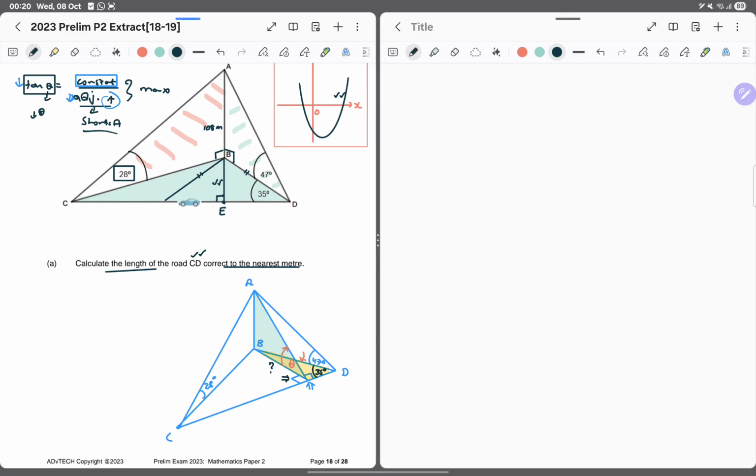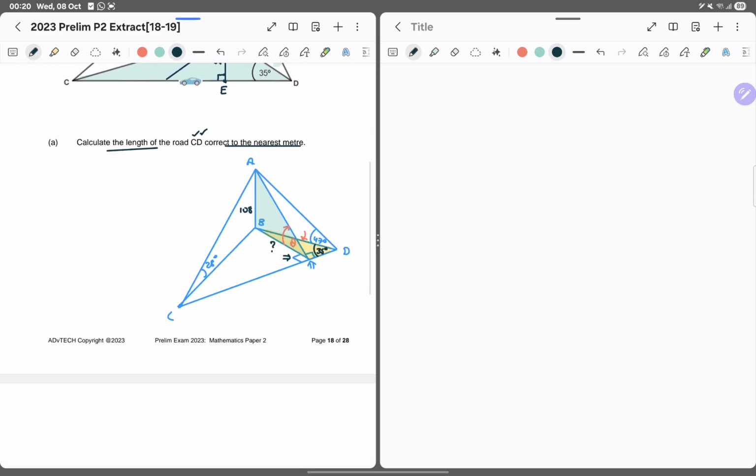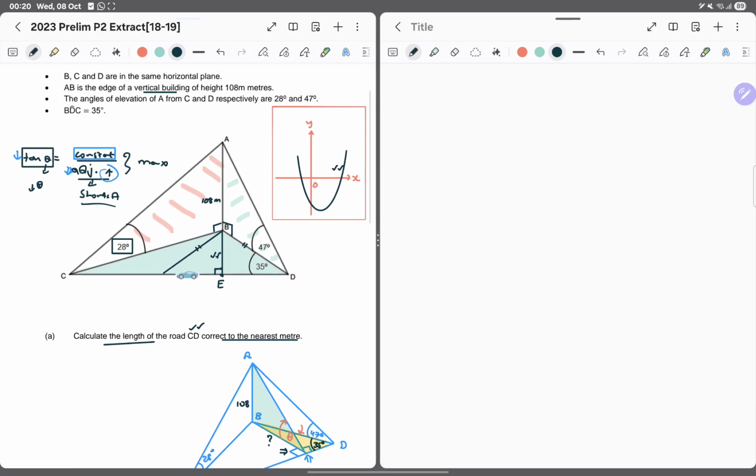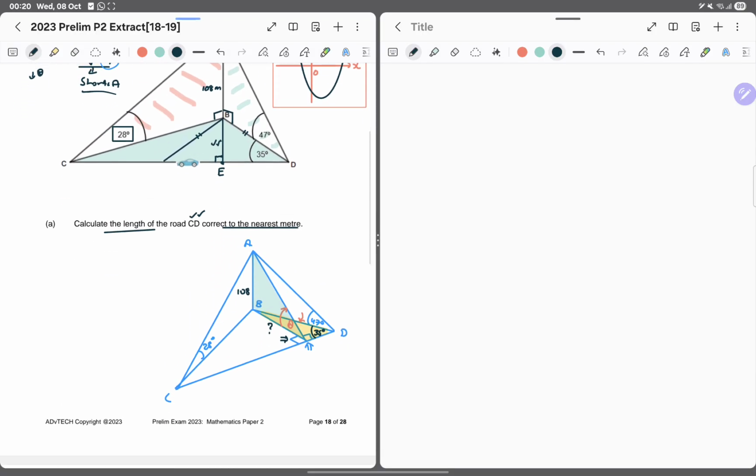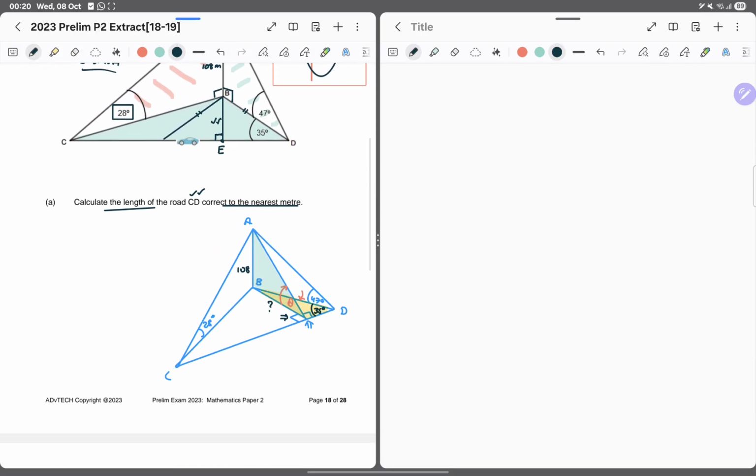So we can look for this side, because if we get that length, this is still 108 meters. So if we can get that length, the tangent of whatever this is going to give us the biggest angle possible. So this is where the trick was with this question. You had to think outside the box, I guess, and even distort the diagram in 3D to be able to see what we need to do.